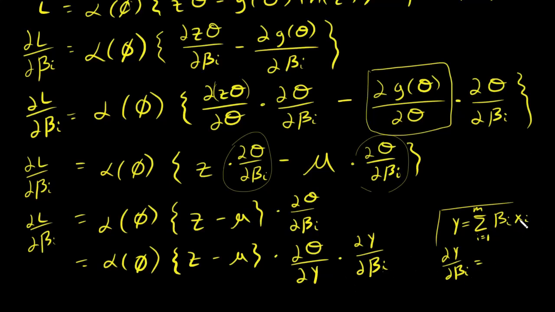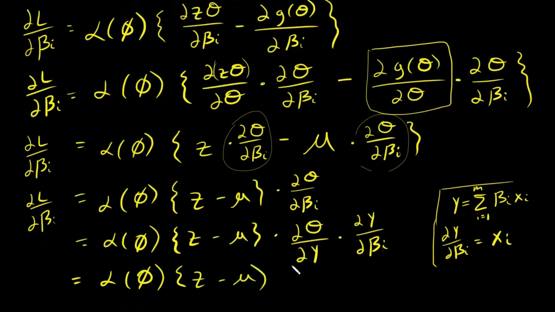So all I'll be left with is that beta 1 times xi, and I'm taking the derivative of that with regards to beta i. So basically I'll just be left with whatever the corresponding xi is. You might want to write out this sum. If that does not make sense right away, you can write out that sum, and then you can show that this derivative is just xi, whatever the corresponding i is. So let's go ahead and write that. Let me scroll down a little bit. d theta dy times xi.